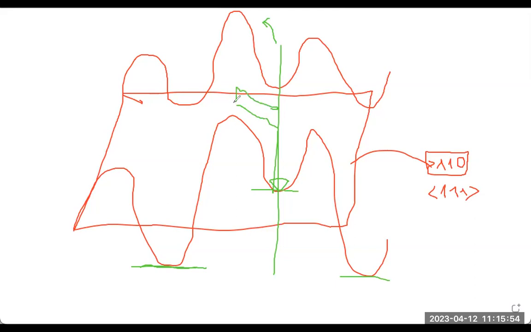So it will have something like this. And suppose you don't see this part, then this part goes to the lower energy state. You form this kink, what we call a kink, and this part goes to the lower energy state.